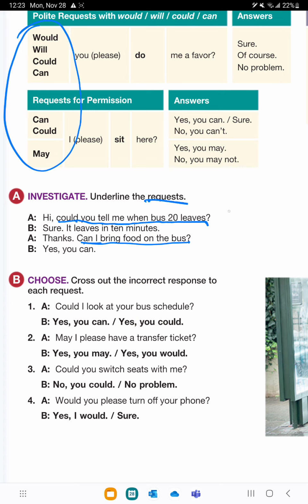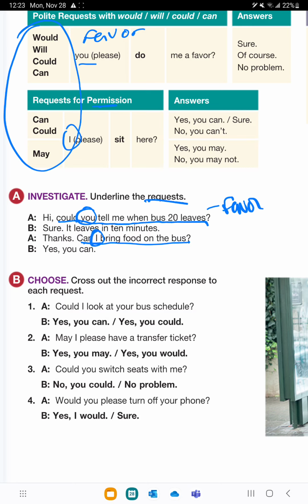Now, which one is a favor and which one is asking for permission? So let's look at our subjects. So we know for favor, it is you. For permission, it is I. So person A says, could you, that's a favor, tell me when bus 20 leaves? Sure, it leaves in 10 minutes. Thanks.